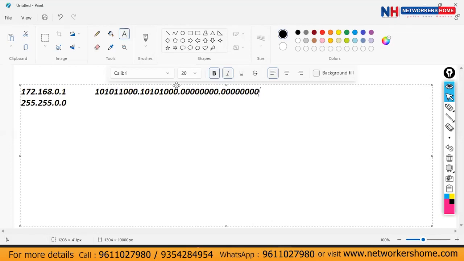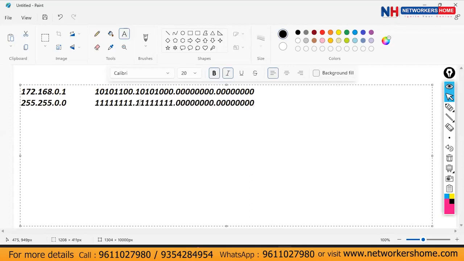Is it correct? Okay. And then if you write your subnet mask in binary, it is 8 ones, then 8 ones, then 16 zeros. Okay, this is correct.